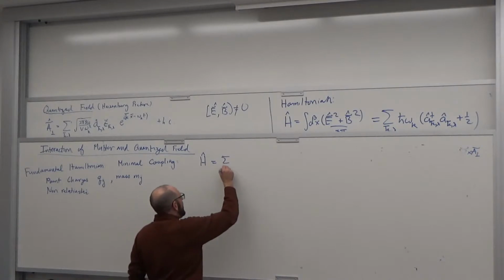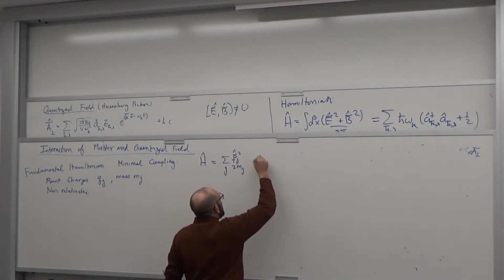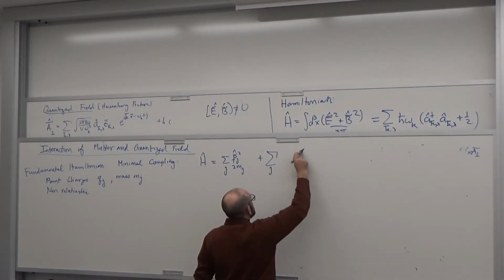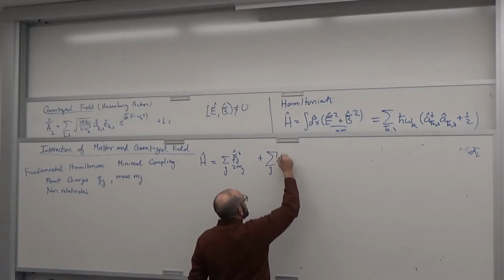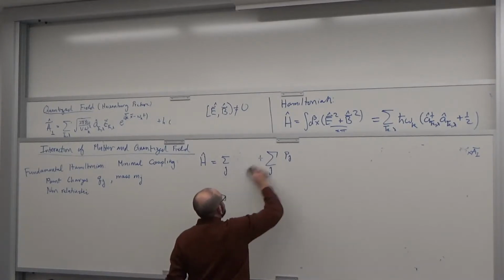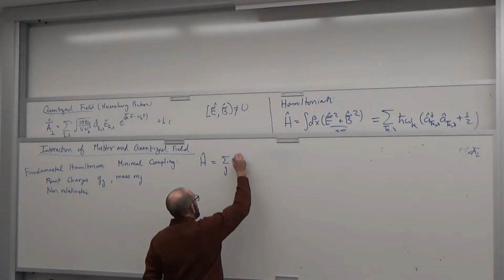So I have the kinetic energy of all the masses. And then I have the interaction that looks like this. P. Oh, I'm sorry. Excuse me. The minimal coupling, I have to write the canonical momentum.